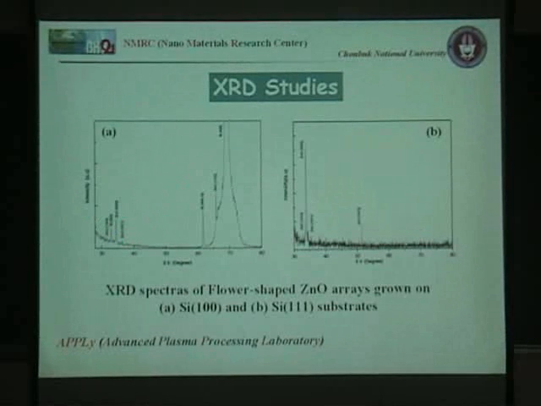From these spectra we can assume that these structures are preferentially oriented in the c-axis direction and are grown in the 0002 direction.